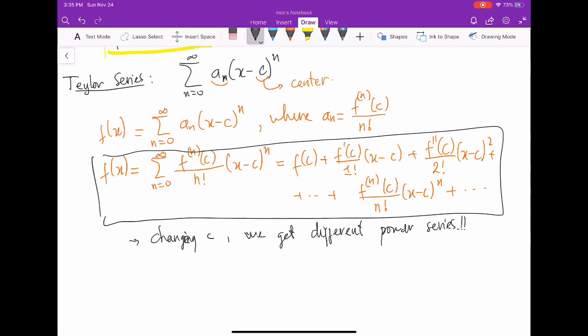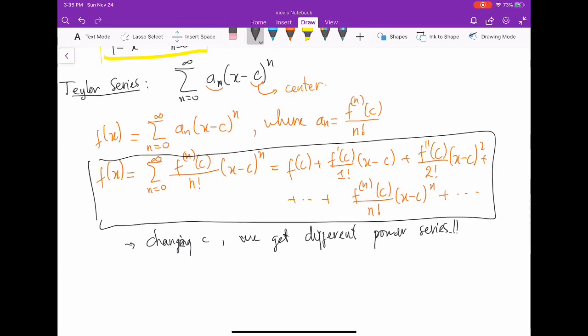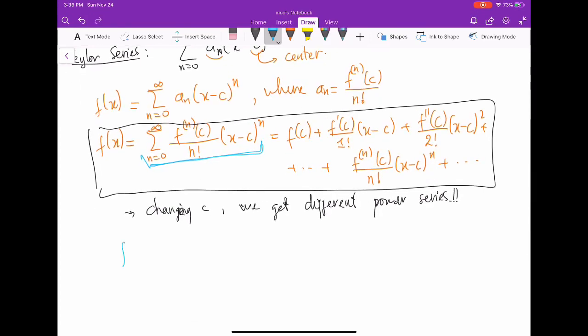Okay, don't forget that. And then, what can we do with this formula? We can approximate the function. Since you have an infinite series here, if you cut this series at some n, I can write f of x is approximately equal to the sum from 0 to n of f^(n)(c) over n factorial times (x minus c) to the n.